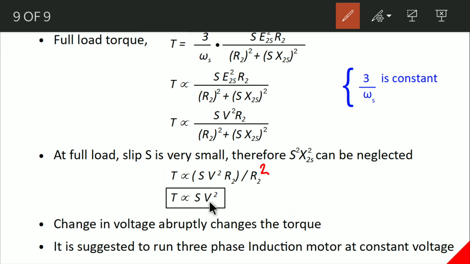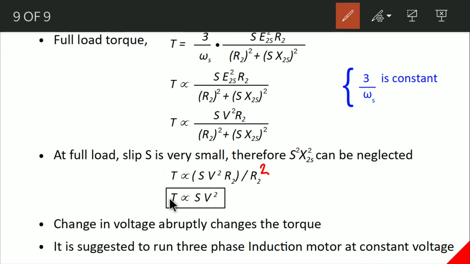If voltage decreases, then torque abruptly decreases. And if the motor is running on load, it may refuse to continue and may stop due to the protective devices. It may not work. So it is suggested to run three-phase induction motors at constant voltage.